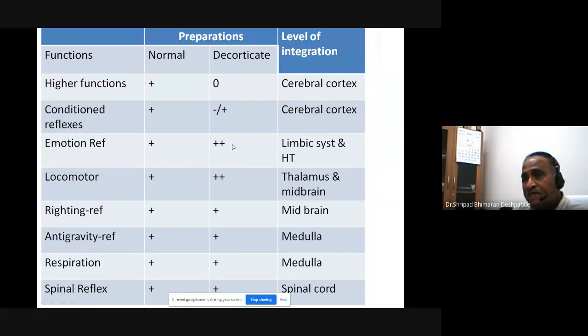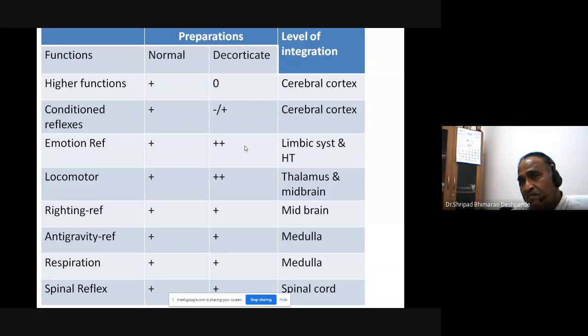Now, emotional reflexes. What happens to emotional reflexes? Because the cerebral cortex exerts an inhibitory or suppressor effect on the emotions. As we have grown from a child or infant, if hungry, cries.